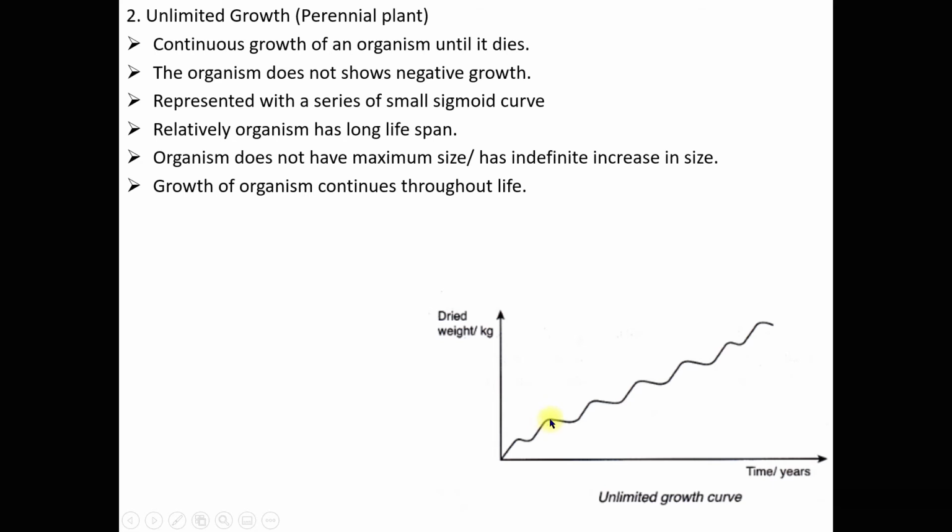And in winter, the plant stays dormant, so the growth will be slightly negative. After winter we have spring, so the growth continues to increase. After spring we have summer, and then autumn, winter, and then spring, summer, and the cycle continues.